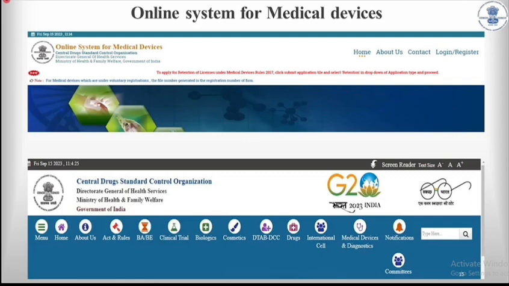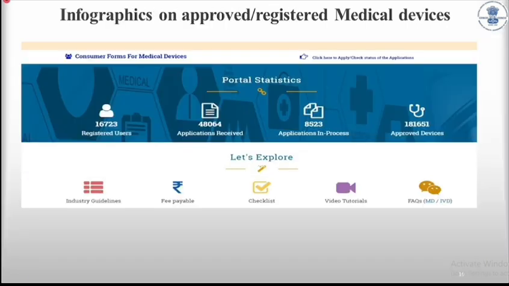This is the website of the online system for medical devices. This is the portal through which a manufacturer or importer applies for obtaining an import license. This is just for awareness, and here is the information on approved or registered medical devices. Those who are medical engineers and want to understand a particular device, whether it is approved for import or for manufacture in the country, may click on approved devices, which you see on the right side.